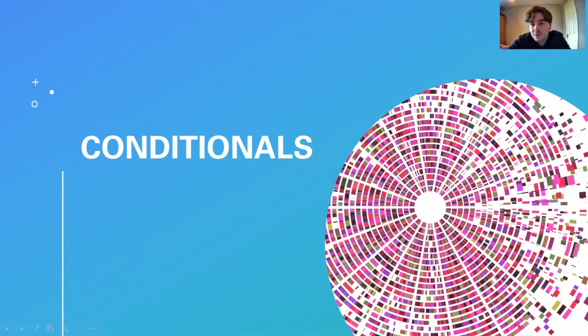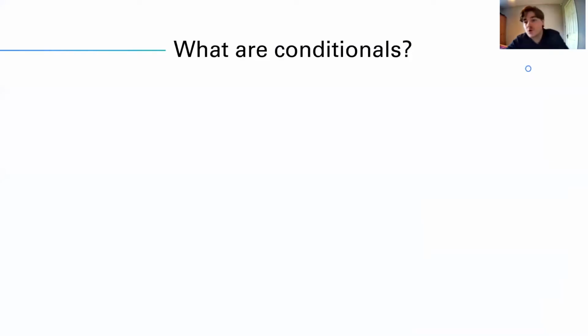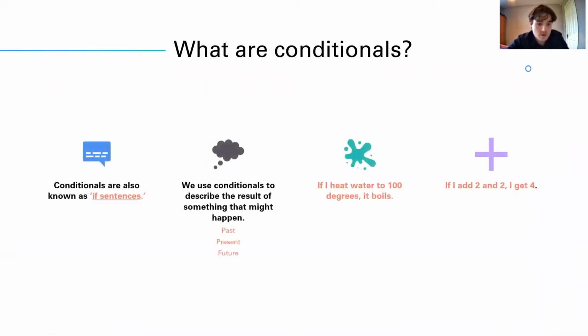So we're going to learn conditionals today. What are conditionals? Conditionals are also known as if sentences. We're talking about if I do this, this is the result. If I have this, this will happen.